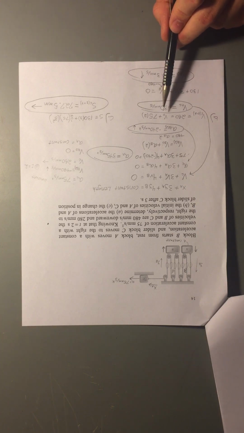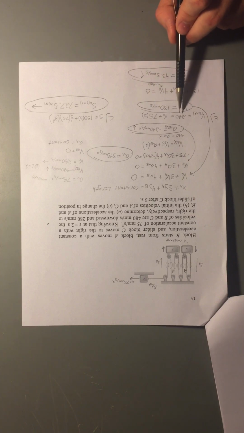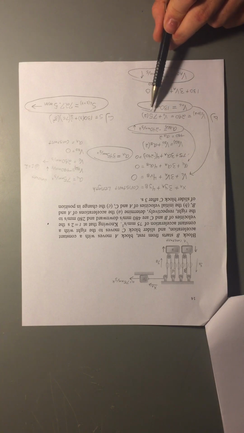And then for part B, the question wants us to find the initial velocities of A and C. This is a similar process. Going back to our equations from physics for constant acceleration and plugging in the values that we know, we were told these values here for the velocity of C after 2 seconds, and the time is 2 seconds, and the acceleration of C we know is a constant 75 millimeters per second squared.